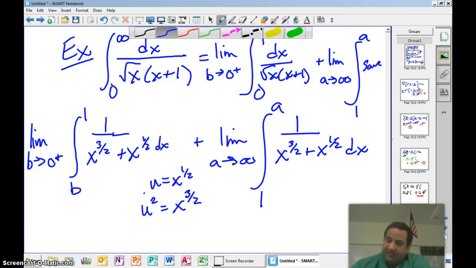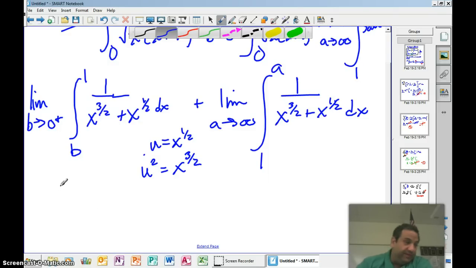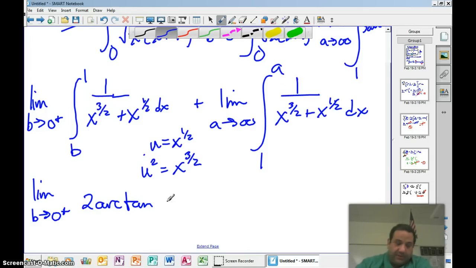So I actually have these two, believe it or not, and this is like a level 5 problem here, the hardest you can get, all right, is going to be arctan. So it's going to be 2 arctan square root of x, because there's the u. Du is 1/2 x to the negative 1/2. So that's what it becomes, and this is at 1 and b.